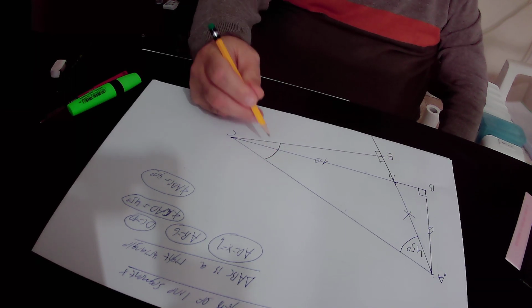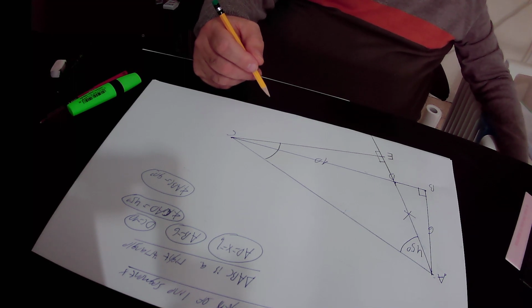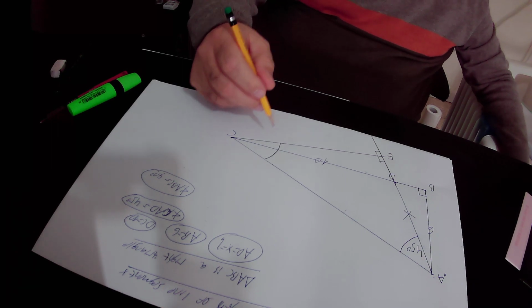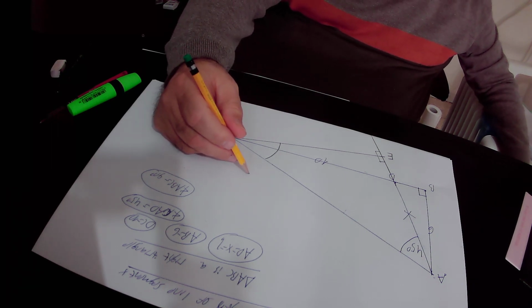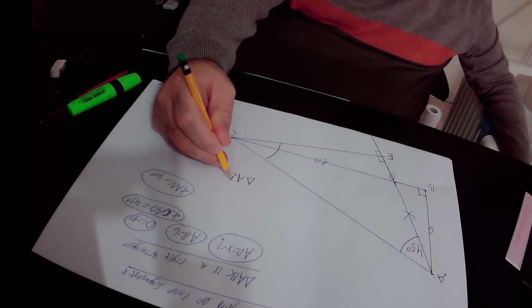What is the value of angle ACE? We know that the sum of the angles in any triangle is equal to 180 degrees, and especially the sum of the angles in the right triangle AEC must be equal to 180 degrees.